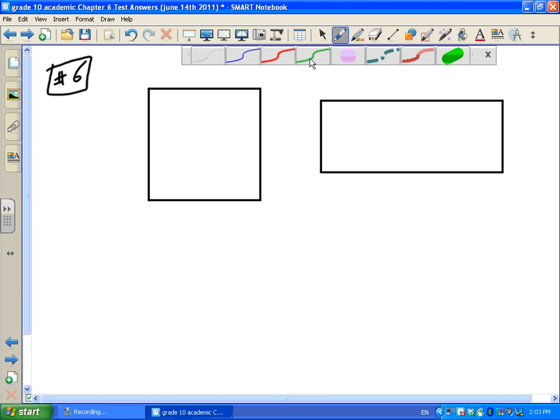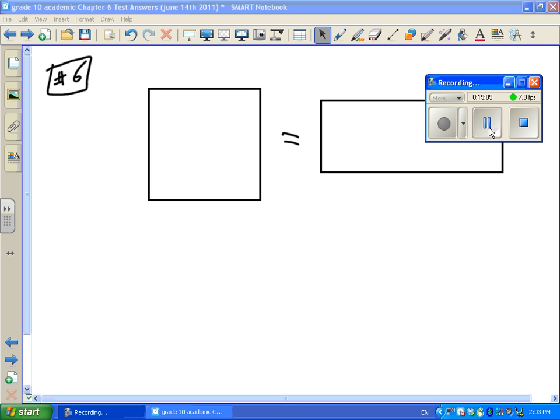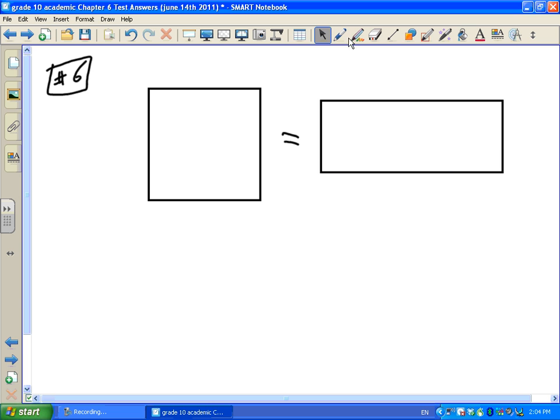We know that their areas are equal. So I've already put on whatever information I have. The square carpet has a side length of 4.